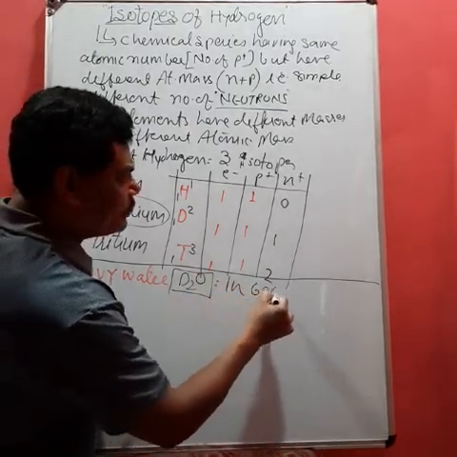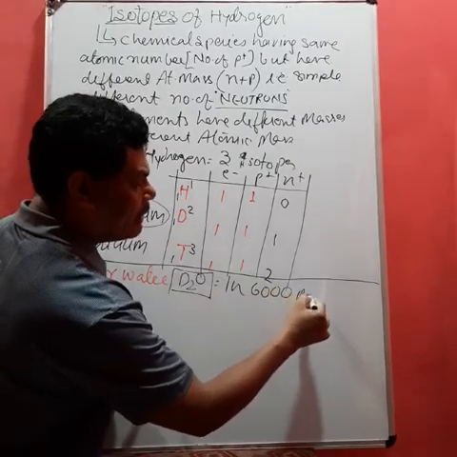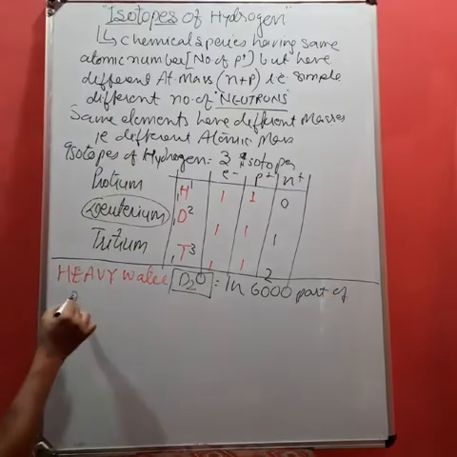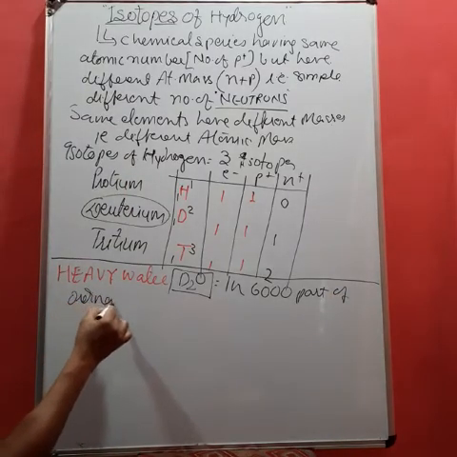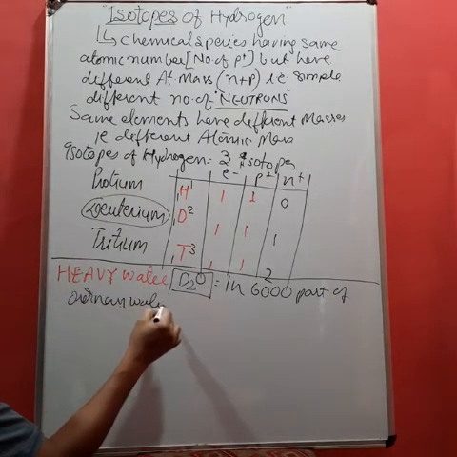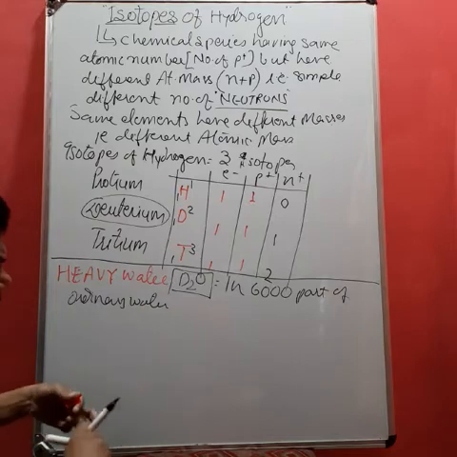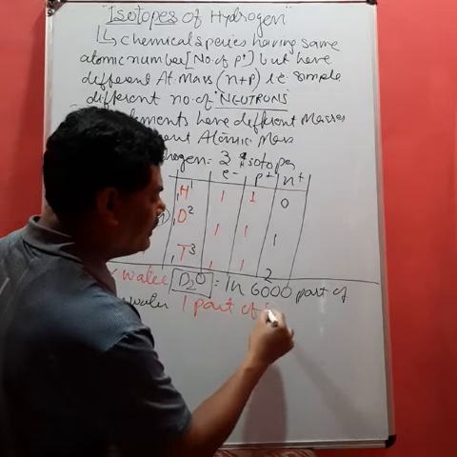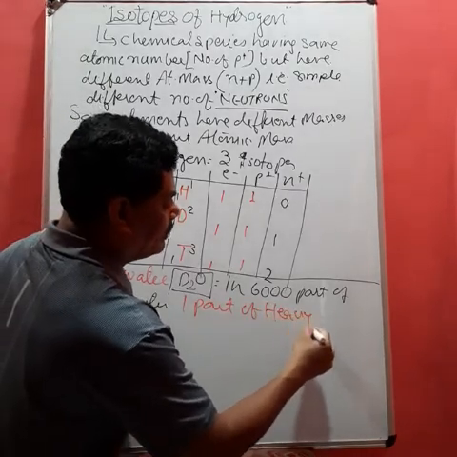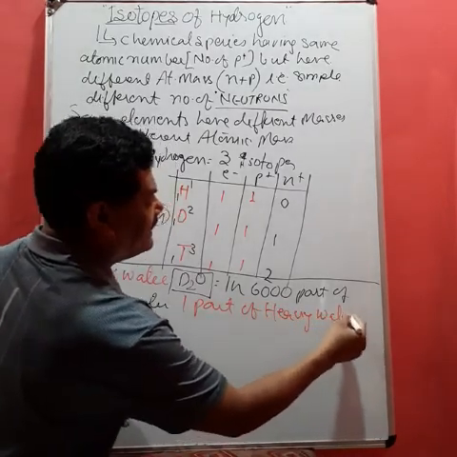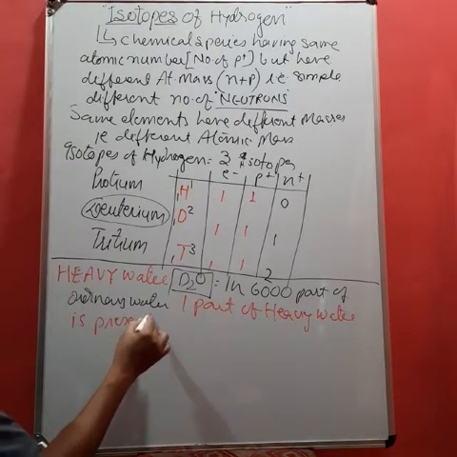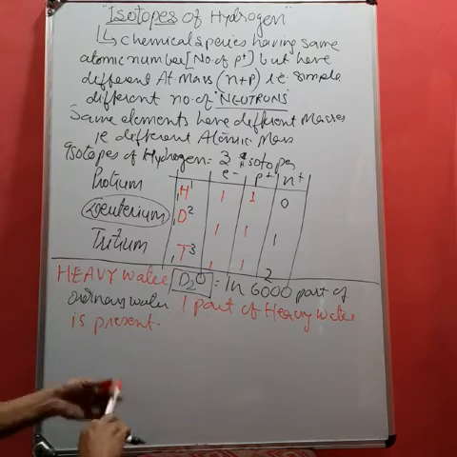In 6,000 parts of ordinary water, 1 part of heavy water is present.